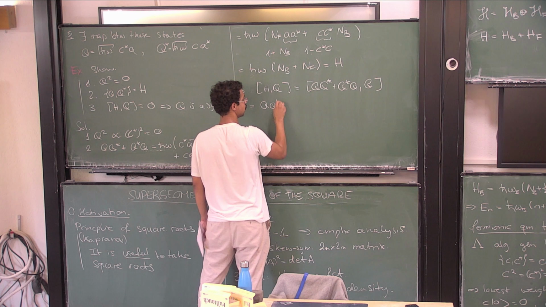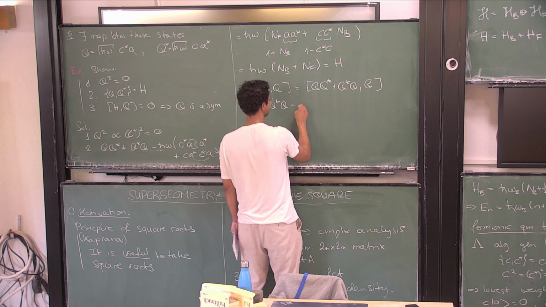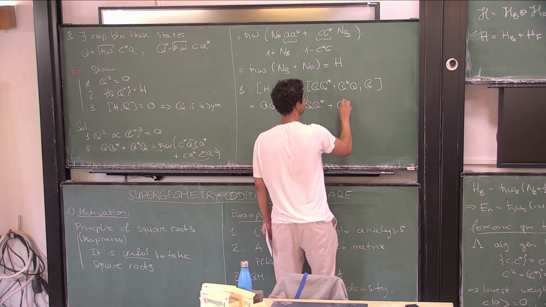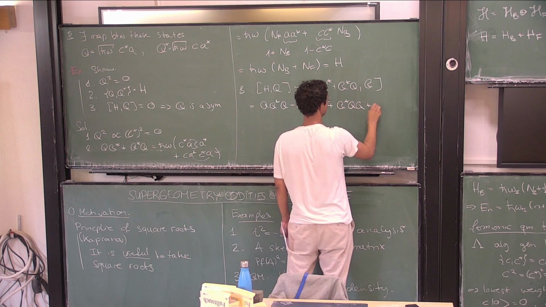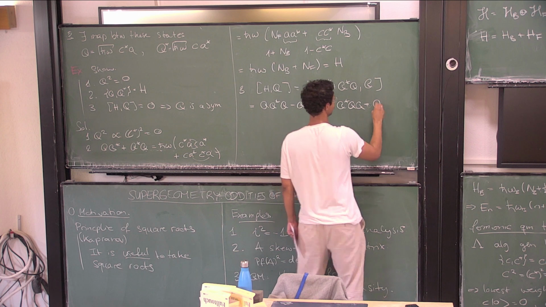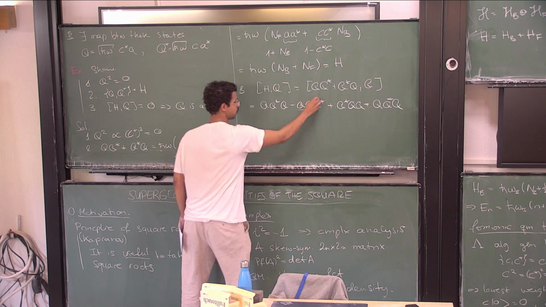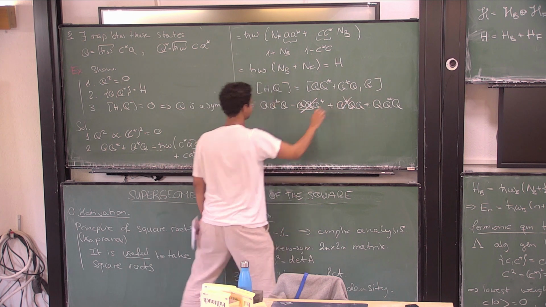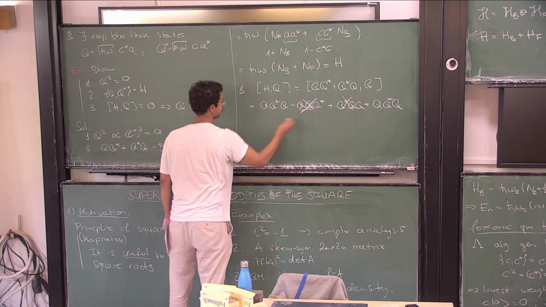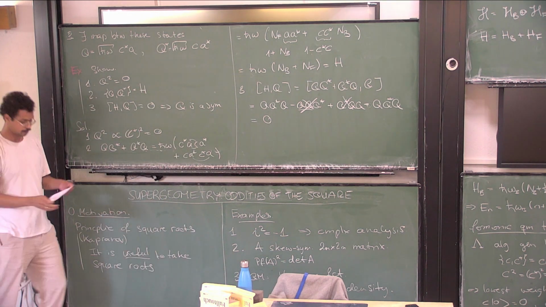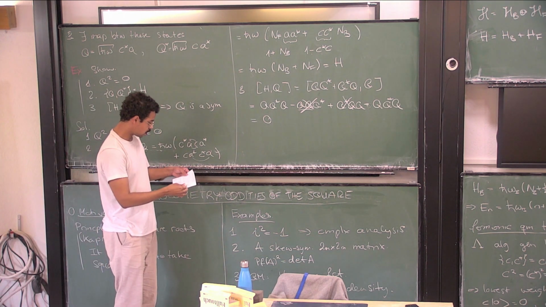This is the first part, Q Q Q star plus Q star Q Q minus Q Q star Q. Since Q squares to 0, this is not here, this is not here, and here we just have the same factors. So this is 0. Cool.